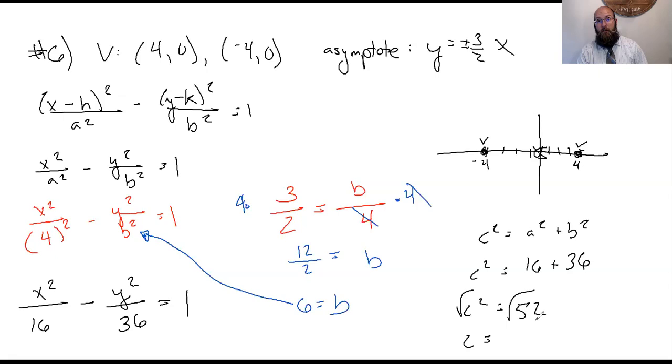Oh, 4 times, no, 14? No, I don't know. Anyway, we're going to leave it as square root of 52. Not worth taking that long in the video. All right. And then that would be added and subtracted to the x component. So I would end up with, for my foci, plus and minus square root of 52 comma 0.